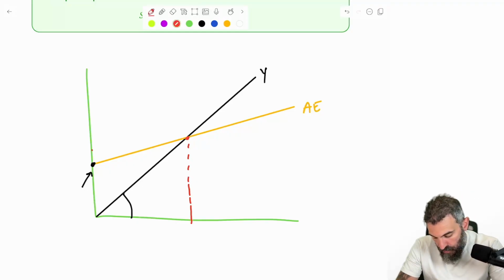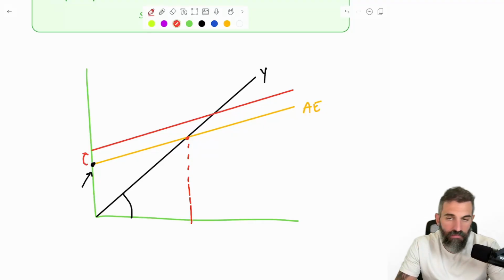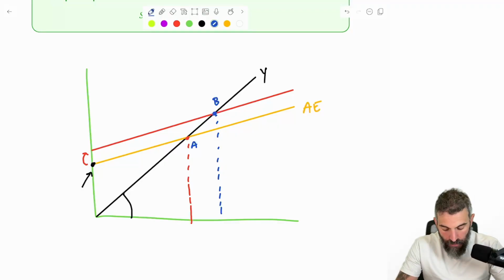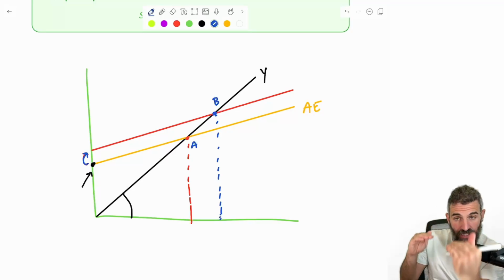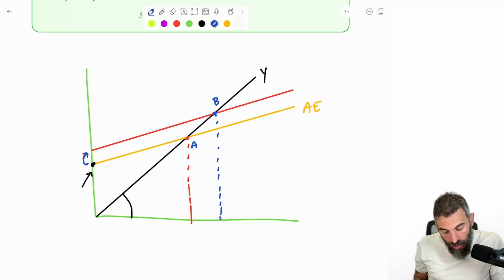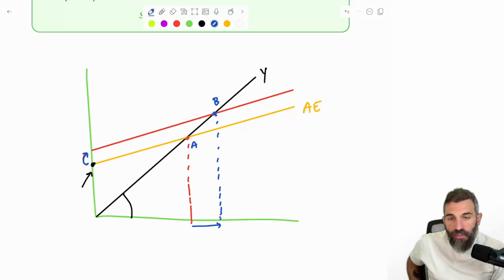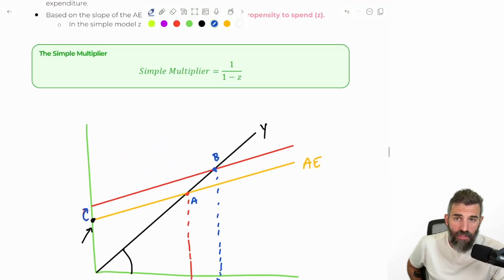Now, if I were to shift this upwards because of an increase in, say, my investments expenditure, the equilibrium real GDP would move from point A to point B. That's what we're looking at here. How much will this change? How much will that upward shift change the equilibrium real GDP? That's what the simple multiplier measures.